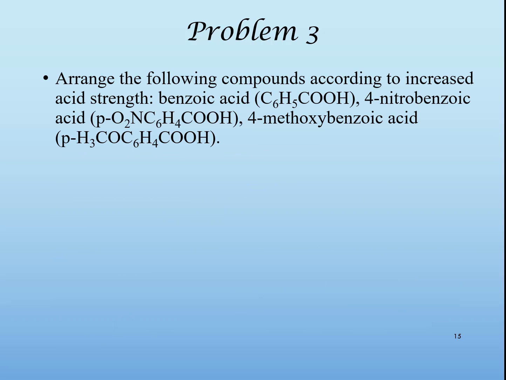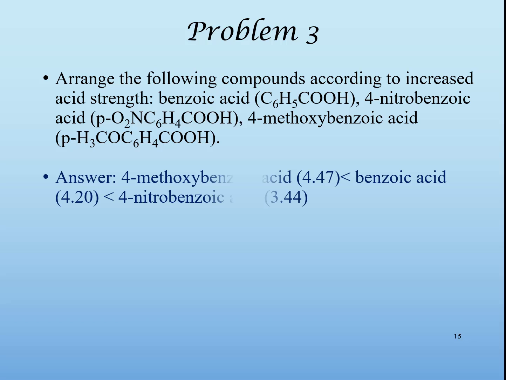The next example looks at benzoic acids. We're comparing the acid strengths of benzoic acid, 4-nitrobenzoic acid, and 4-methoxybenzoic acid. 4-methoxybenzoic acid is the least acidic compound, and 4-nitrobenzoic acid is the most acidic compound.